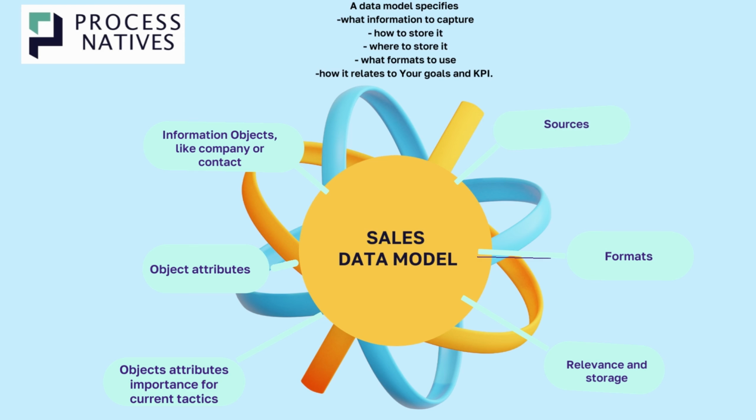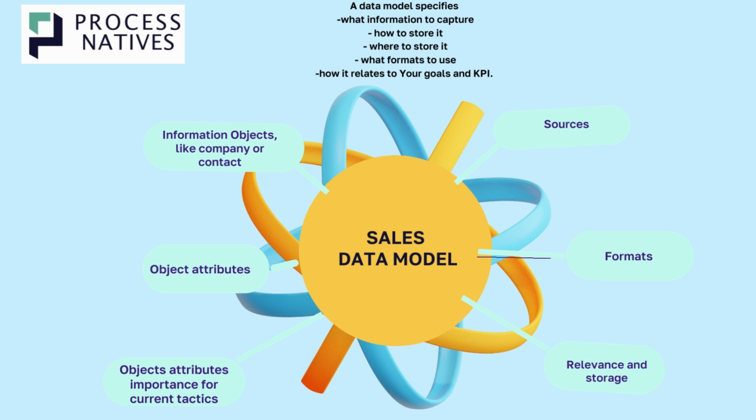The answer is simple. Sales data model specifies what information to capture, how to store it, where to store it, what formats to use, and how it relates to your goals and KPIs.